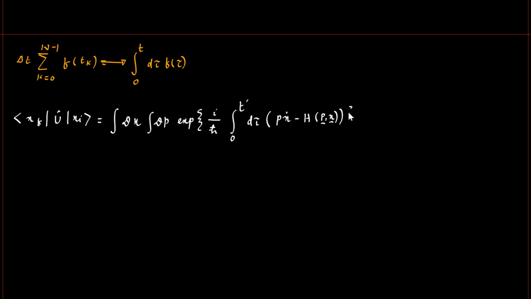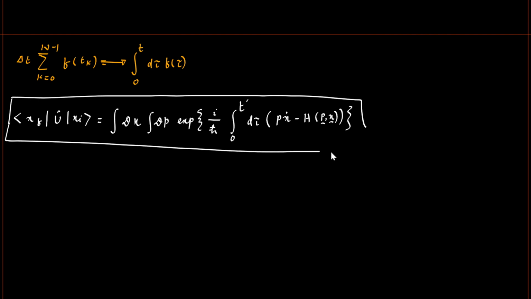Fine. So this is our final expression for the path integral in phase space, because here the integral is over the position and momentum. This path integral extends over all functions of momentum in momentum space and all functions of position in coordinate space.